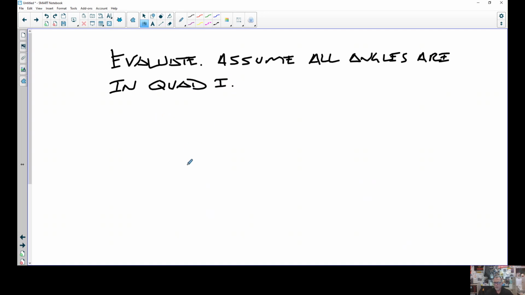All right, so it could ask us something like this: tangent of cosine inverse 4/5. So we have to think about this one again.